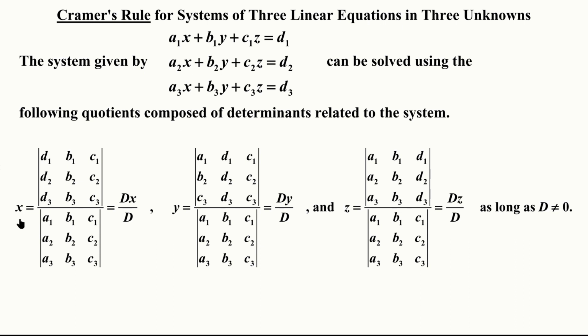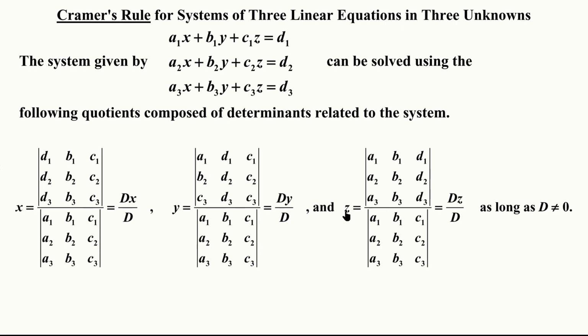Now, to solve for x, you do the same thing we did with 2 by 2s. Replace the coefficients of x here with the constants from the other side. But you keep the coefficients of y and z, so those stay the same and where they are, right? For y, of course, we do the same thing. We replace the y coefficients with d1, d2, d3, and the x and z coefficients stay the same.